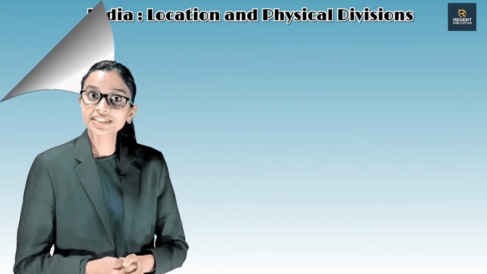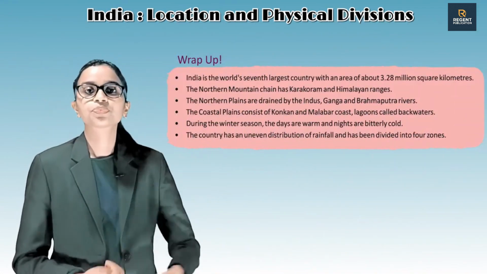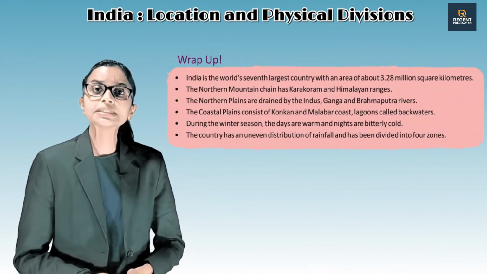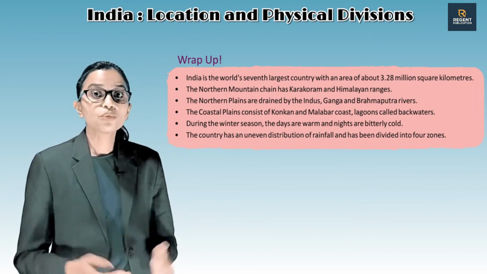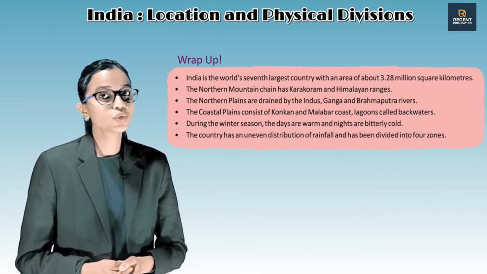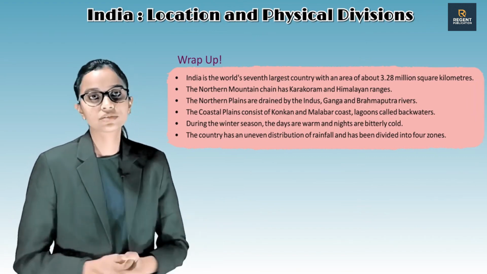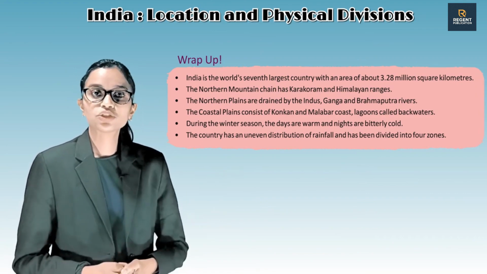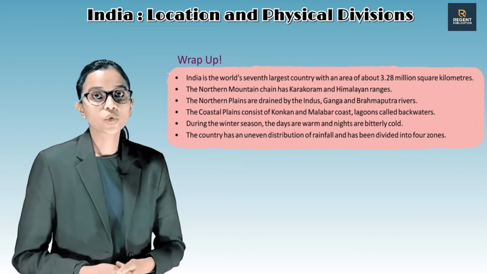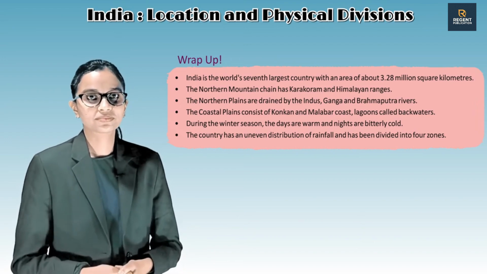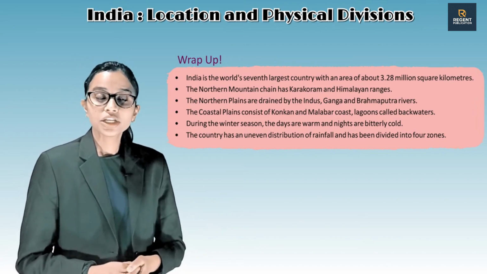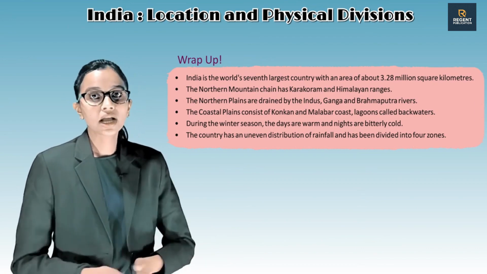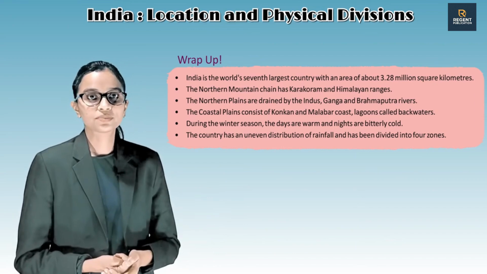So students, it's time to wrap up. India is the world's 7th largest country with an area of about 3.28 million square kilometers. The northern mountain chain has Karakoram and Himalayan ranges. The northern plains are drained by the Indus, Ganga and Brahmaputra rivers.